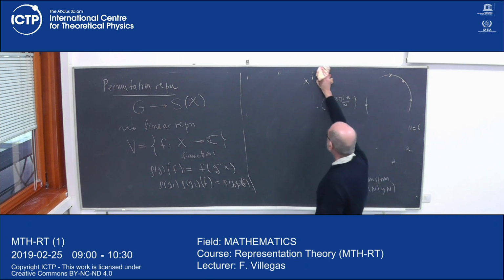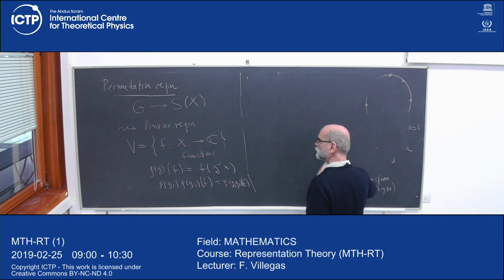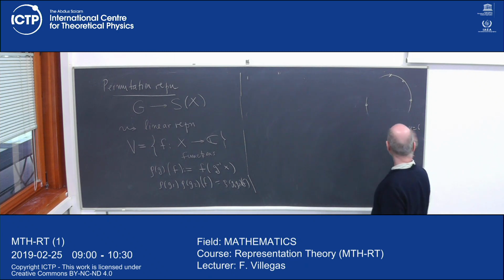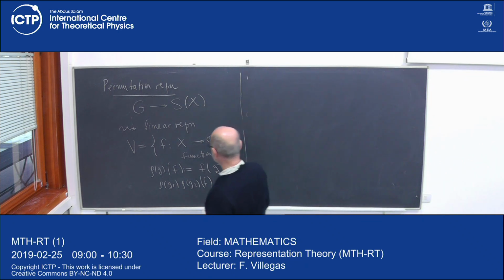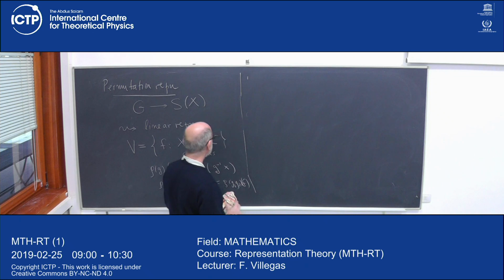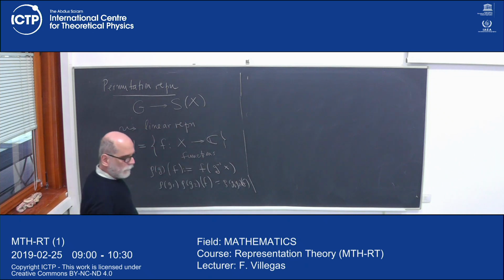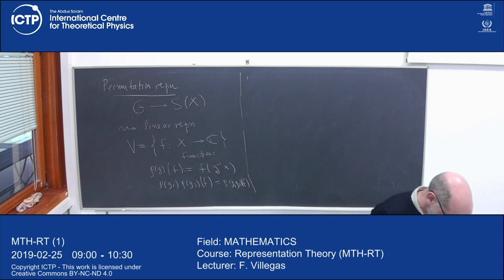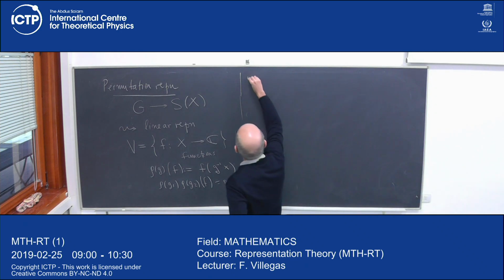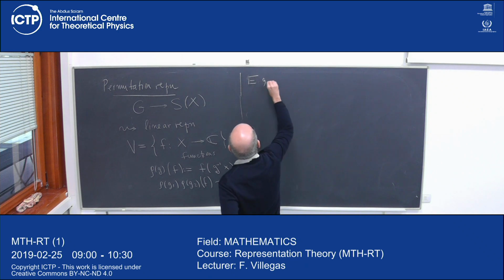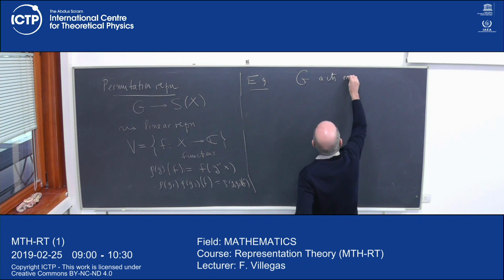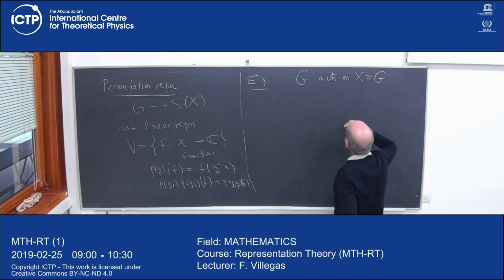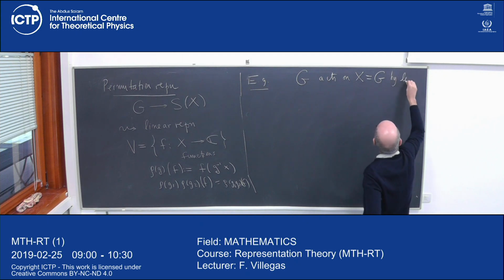And now this defines for us an action of the group G on the vector space of functions. This is what I want to call the associated linear representation to the permutation representation. So for example, a very simple example of this is that G acts on X equals G itself by left multiplication.